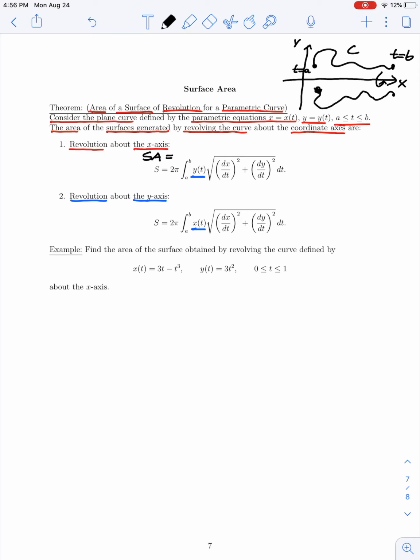So here, not drawn very nicely, but if we were to revolve this curve about the x-axis, we see that we would have a strange shaped sort of solid whose edge is defined by this curve, and we want the surface area of that solid. So in order to find this, we can think about it like a cylinder.